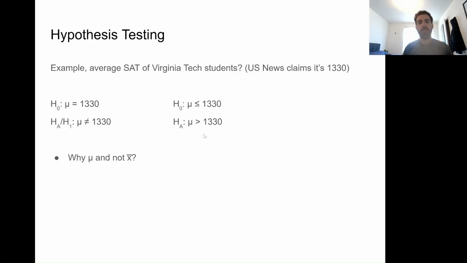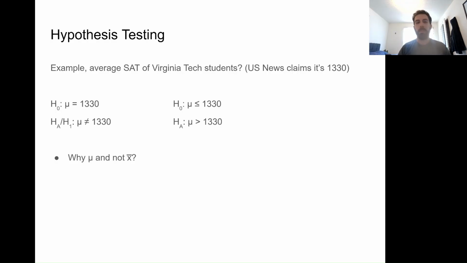So sometimes people aren't just interested in, is it different? Like in this set of hypotheses, right? Here I'm saying it's 1330. I want to know if it's anything besides that. Sometimes people's research question is more specific. Like let's go back to the example of I'm a skeptic and I want to see if U.S. News is reporting this accurately.